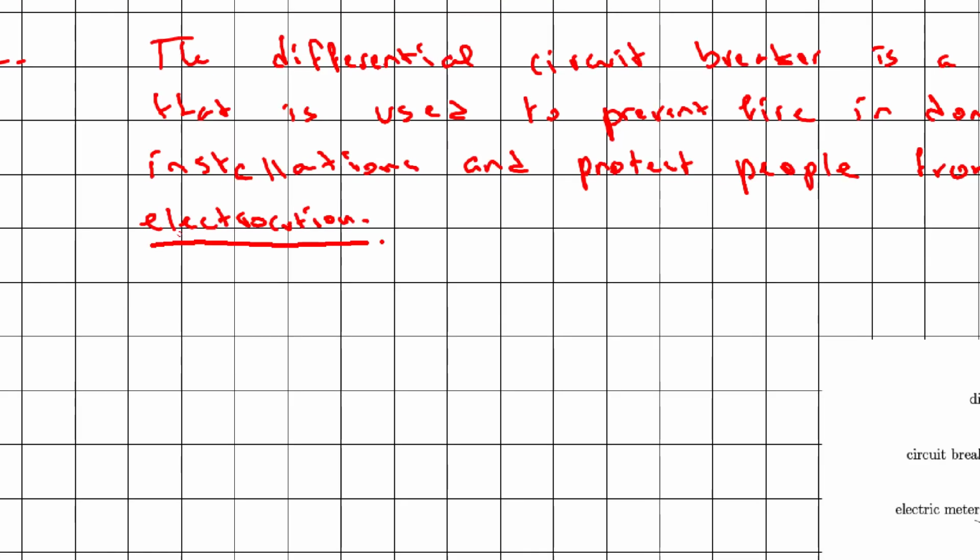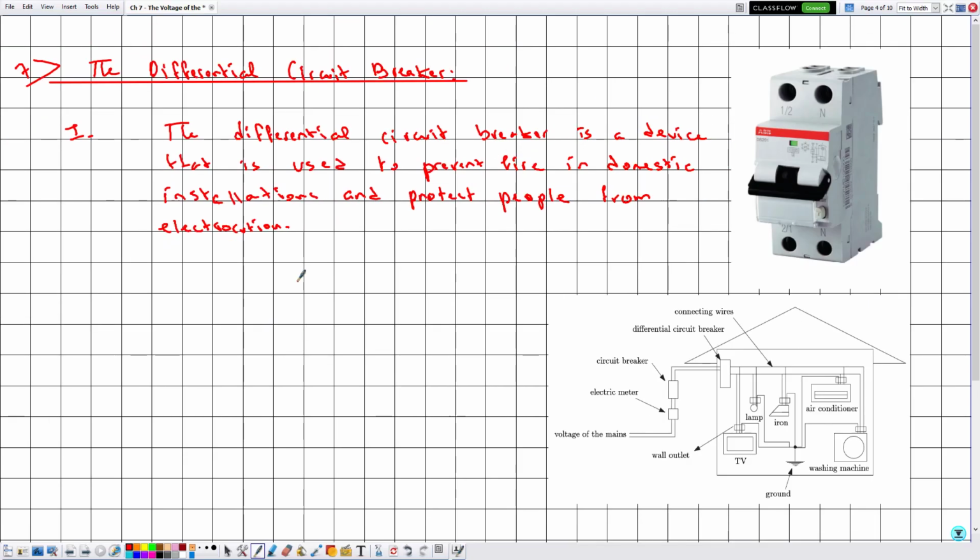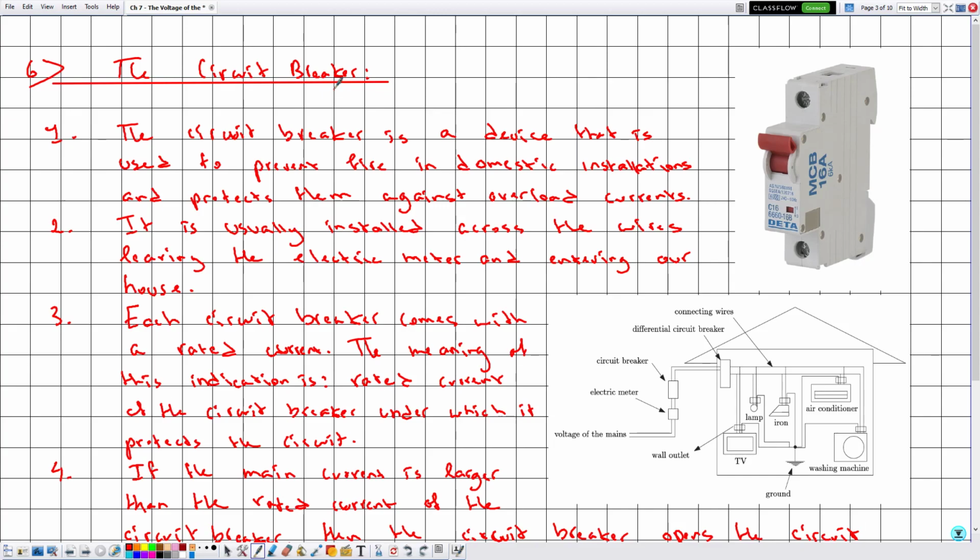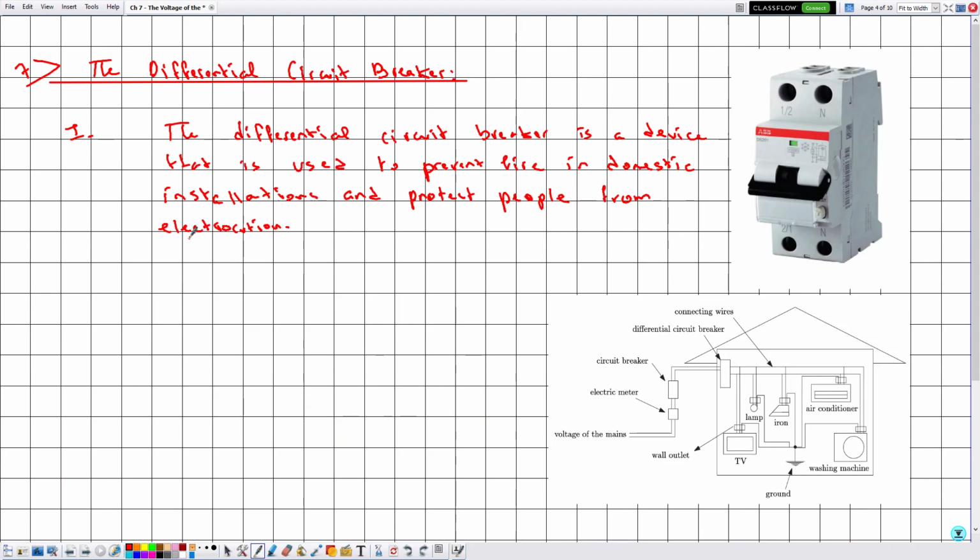Now, electrocution is the injury due to electric shock, and this usually happens to human beings when they touch a bare wire or a wall outlet. The differential circuit breaker is exactly the same as the circuit breaker, but the difference is that it is used to protect human beings from electrocution.